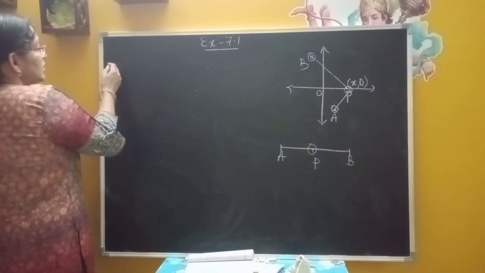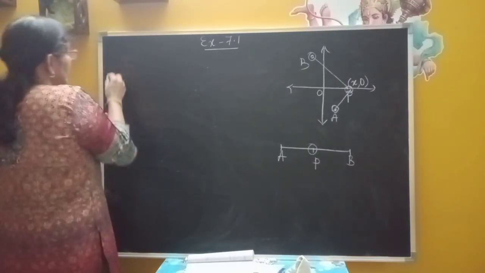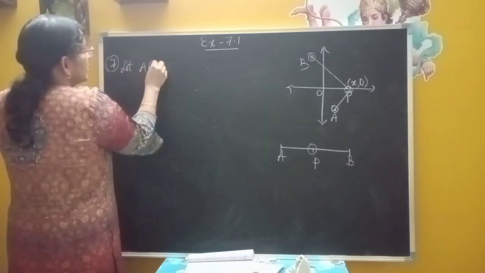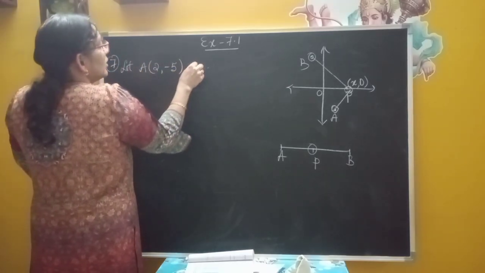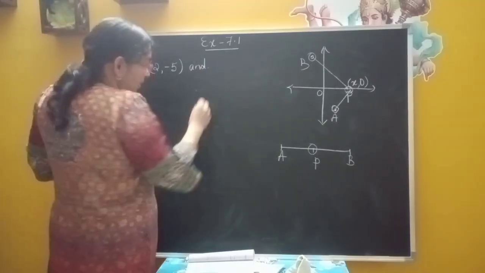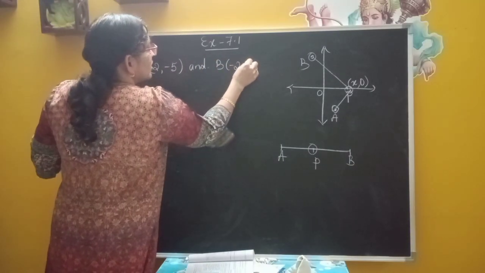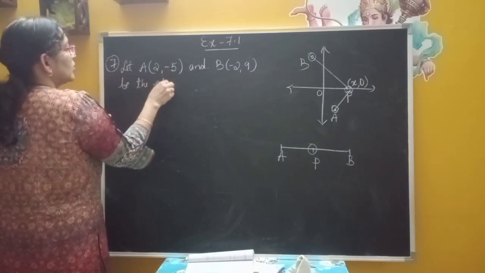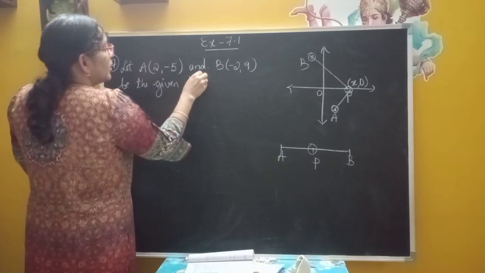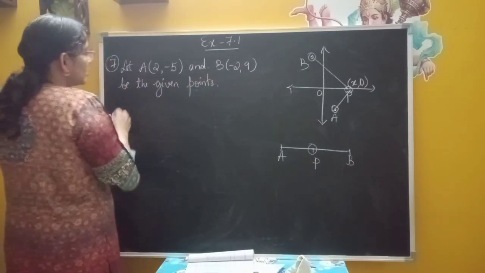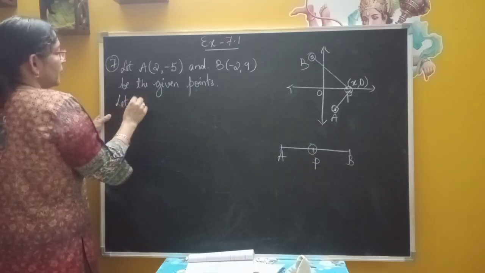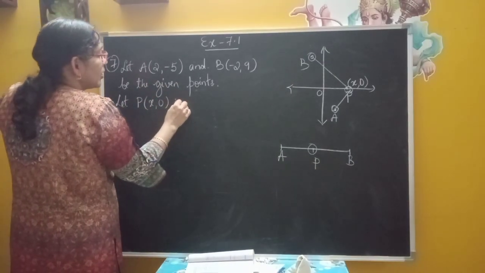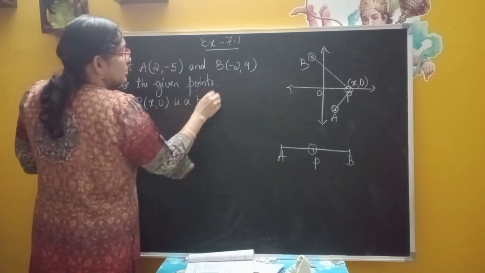Okay, so let us consider the given points as A and B. Let A, the first point, be 2, -5 and B be -2, 9, the given points. And let us consider that P, x, 0 is a point on the x-axis.